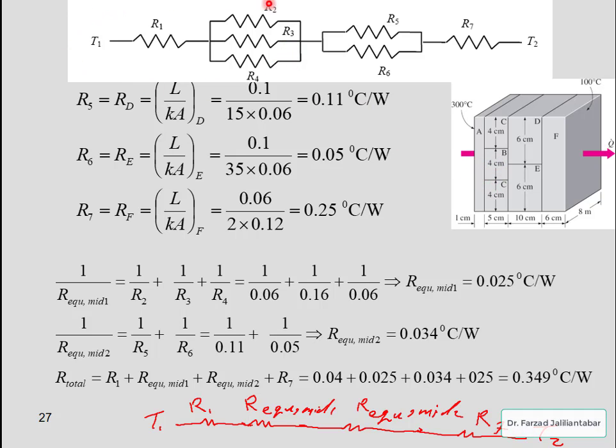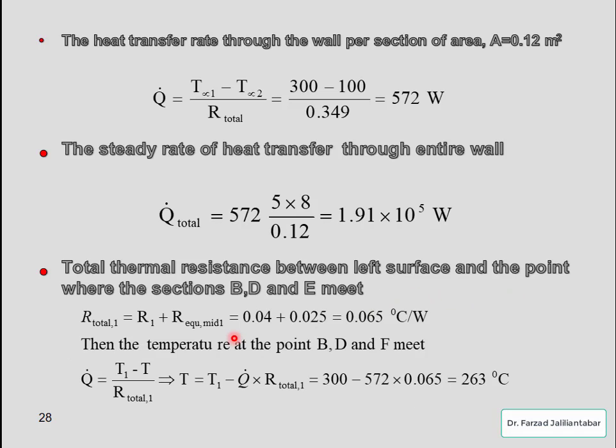In other words, R1 plus R equal mid 1, where R equal mid 1 is equal to this value we have calculated already. So by rearrangement of this equation, as I told you, we can calculate the temperature at that interface, which is 263 degrees Celsius.